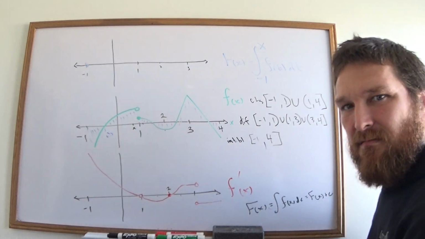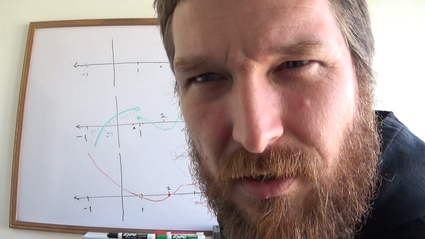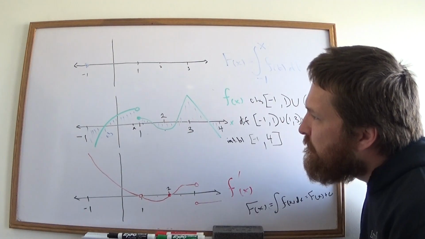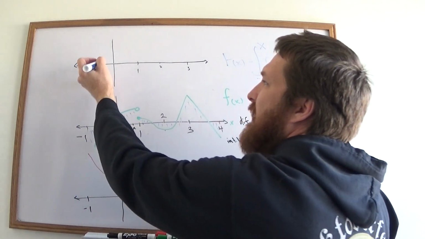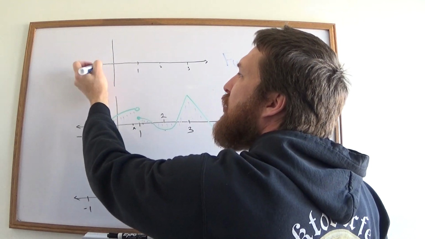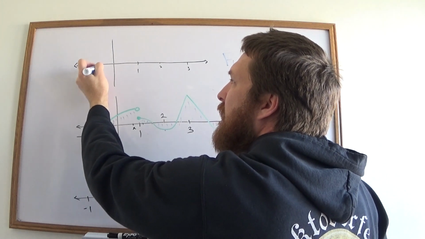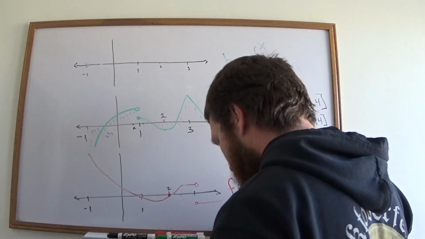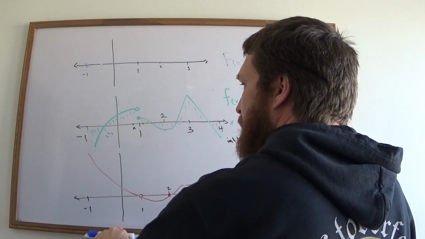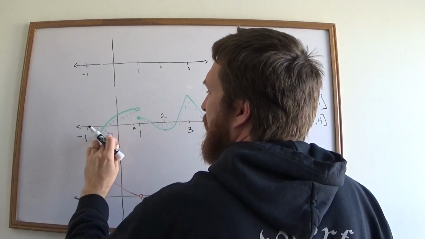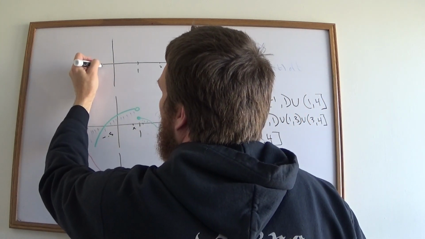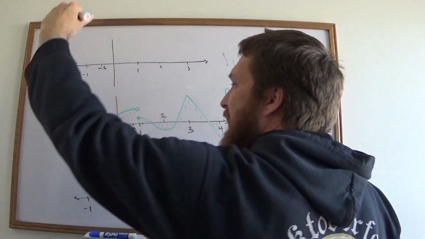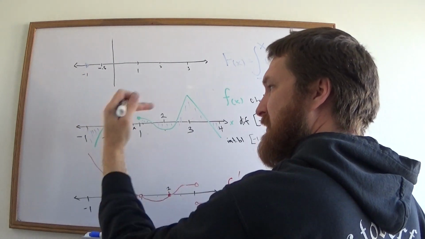Can viewers at home read that? It's at 0. This is at negative 0.5, we'll say. So at negative 0.5, that's where the slope goes to 0.